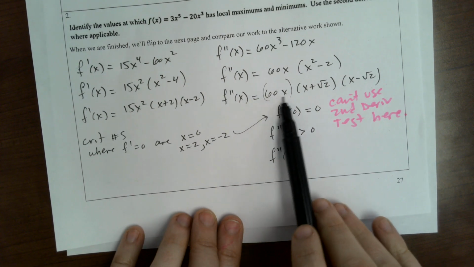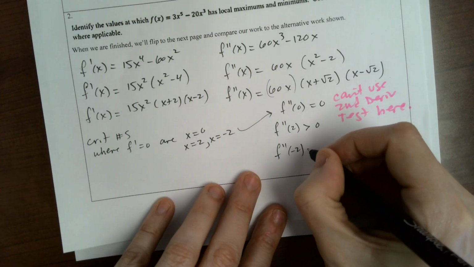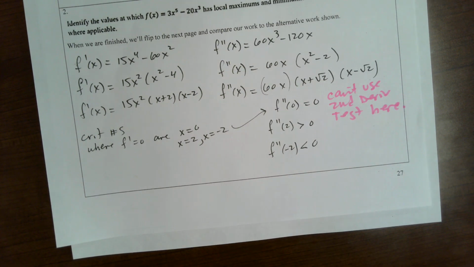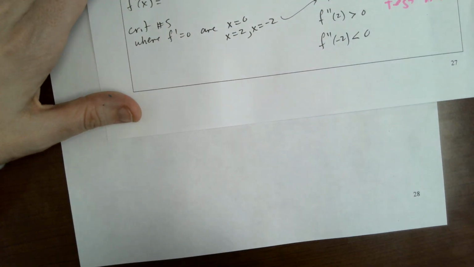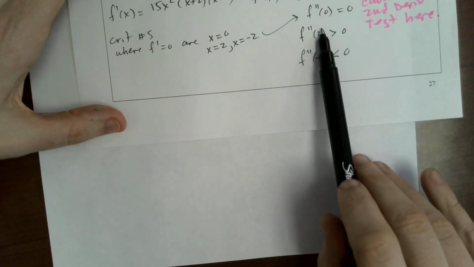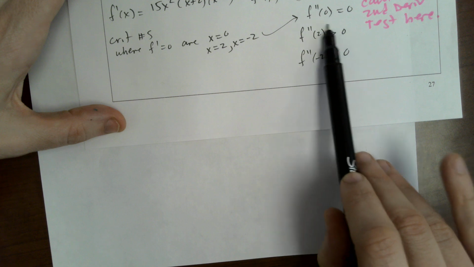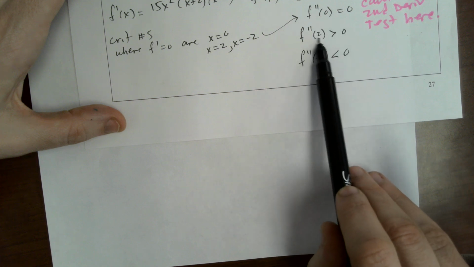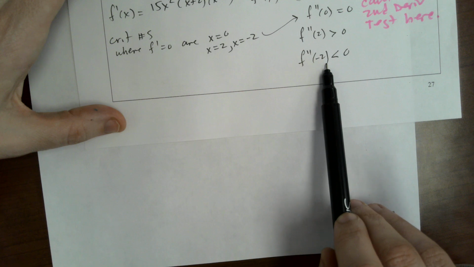So I only care about the sign: negative, negative, negative. That is a negative outcome. All right, guys. So these I'm going to be able to use the second derivative test on. My concavity here is concave up, so I'll have a min at 2. Concave down here, so I'll have a max at -2.